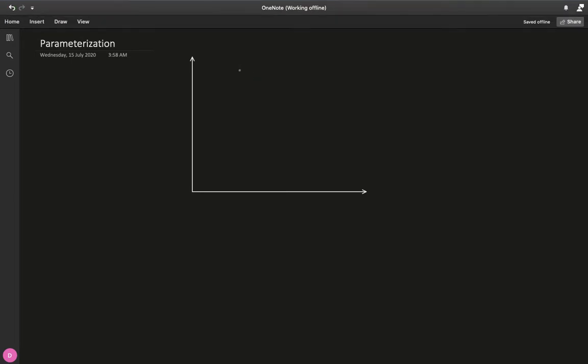Okay, so before actually going into the calculus of it, let's try to understand what parameterization is, or what parametric forms are. So first of all, let's consider a regular function. When I say a regular function, and we start talking about the graphical representation of a function, what comes to mind is something like this.